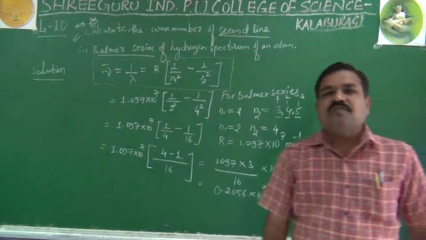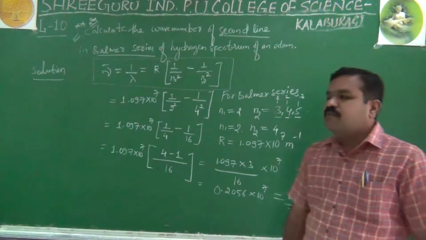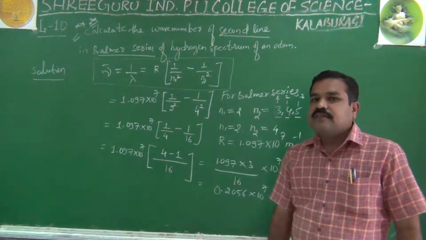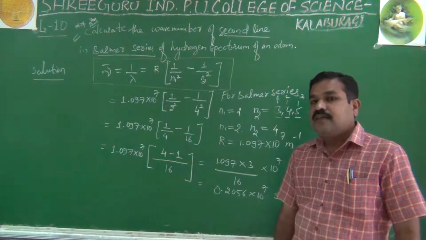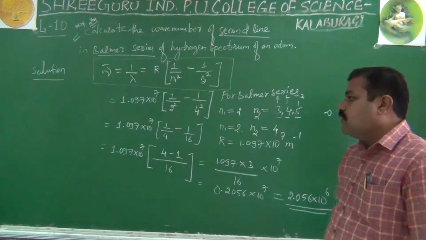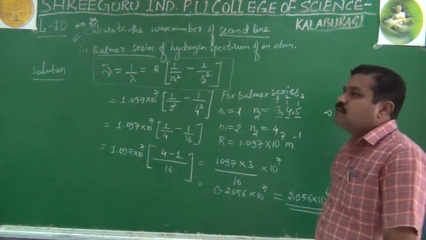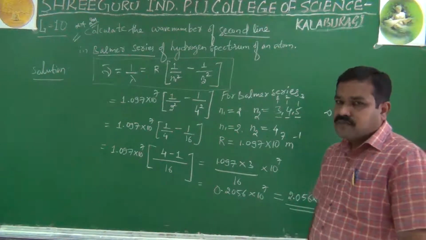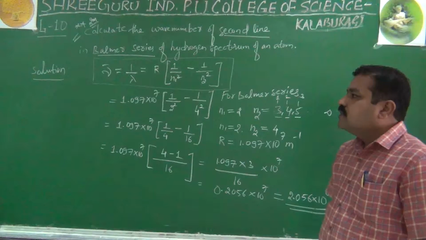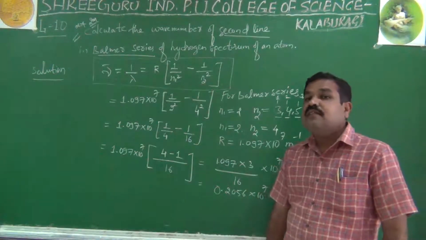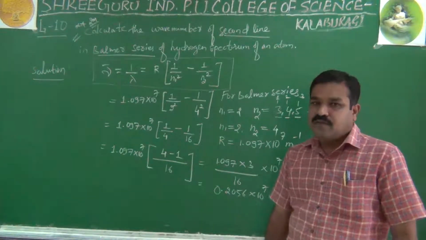Even they may also ask you for hydrogen-like ions like He+, Li2+, and Be3+, that is helium+, lithium dipositive ion, and beryllium tripositive ion. Right?